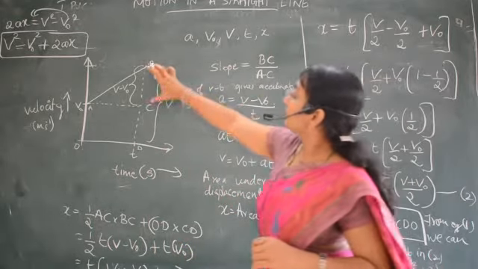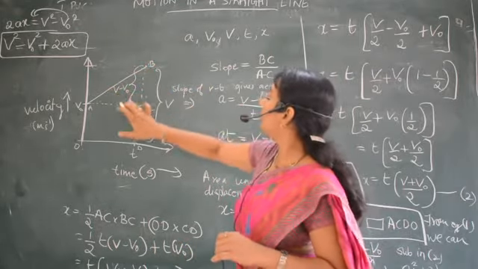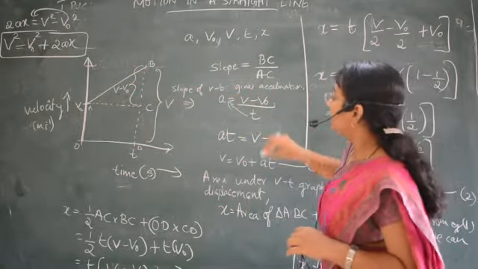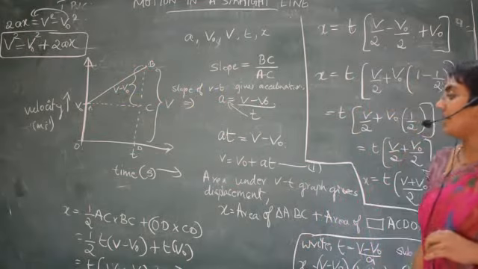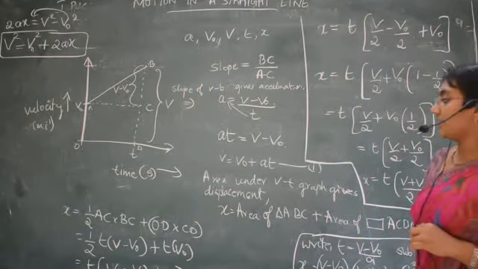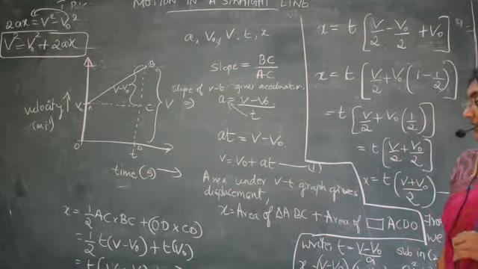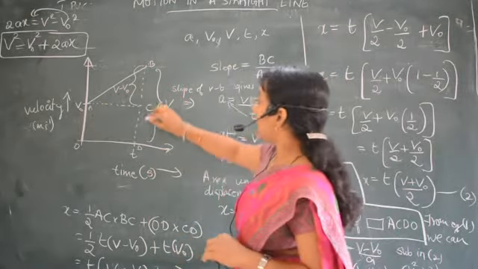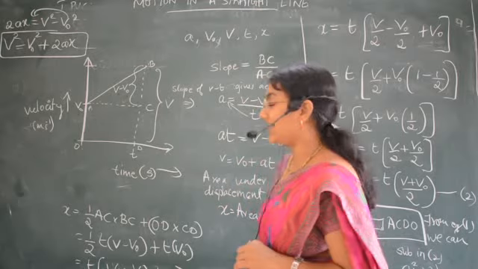Because BC is nothing but this distance. V minus V naught divided by T. Take T other side, we get AT is equal to V minus V naught, or V is equal to V naught plus AT. Area under this velocity time graph will give you the displacement.